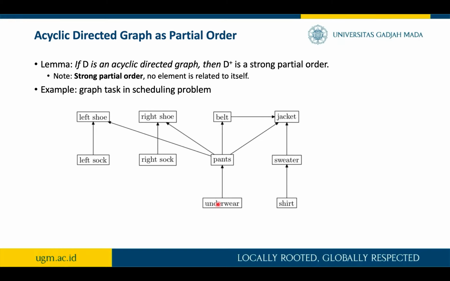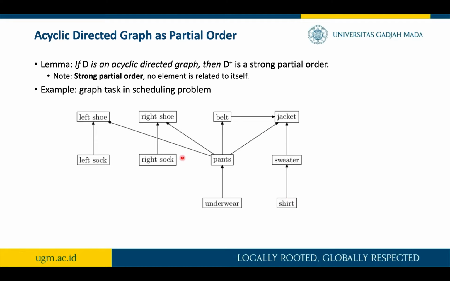So we have here, for example, a graph task in a scheduling problem. If we want to wear everything, then we start, for example, from the underwear, and then pants, and from pants then belt. But we can also in parallel do this one: shirt, and then sweater, and then jacket.